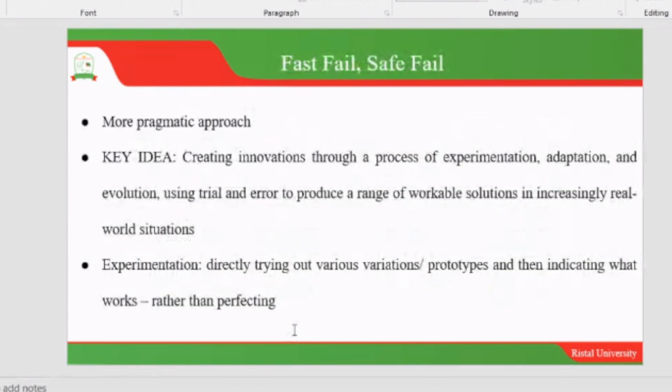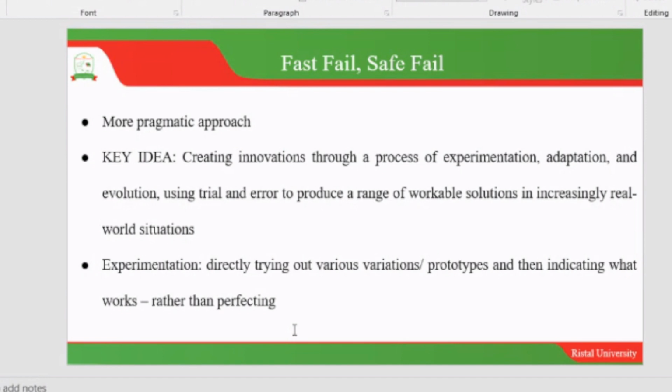Then another approach of innovation in healthcare is what we call fast fail, safe fail. So it is more practical, and it is more realistic in nature. The key idea here is you create innovation through the process of experimentation, adaptation, evolution, using trial and error to produce a range of workable solutions in an increasing real world situation.